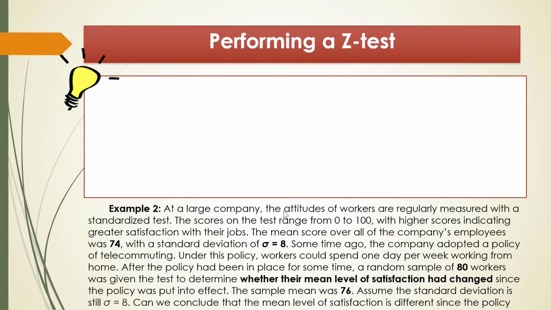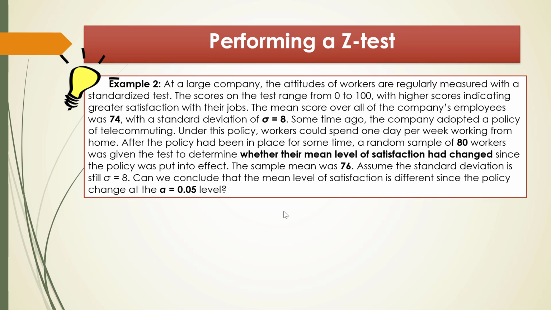Now let's look at a two-tail example. Example 2. At a large company, the attitudes of workers are regularly measured with a standardized test. The scores on the test range from 0 to 100, with higher scores indicating greater satisfaction with their jobs.